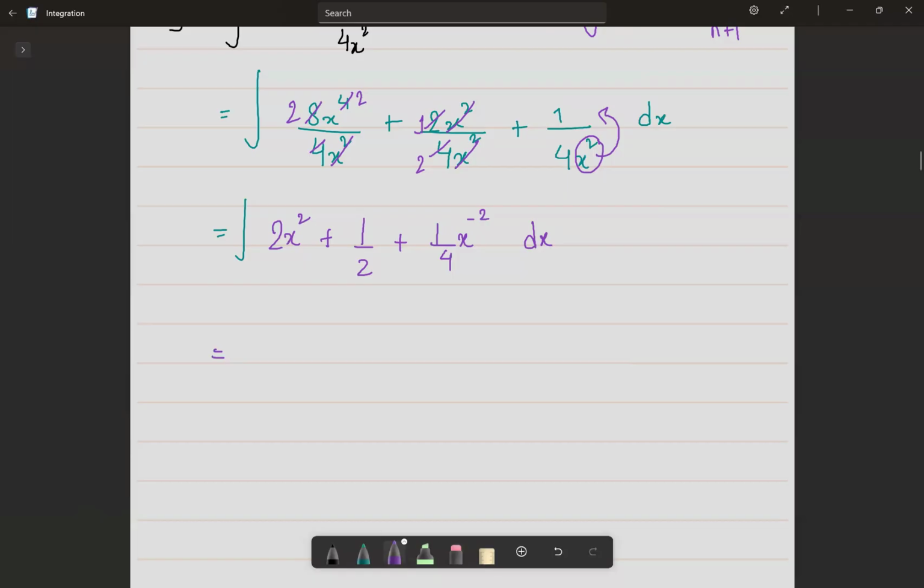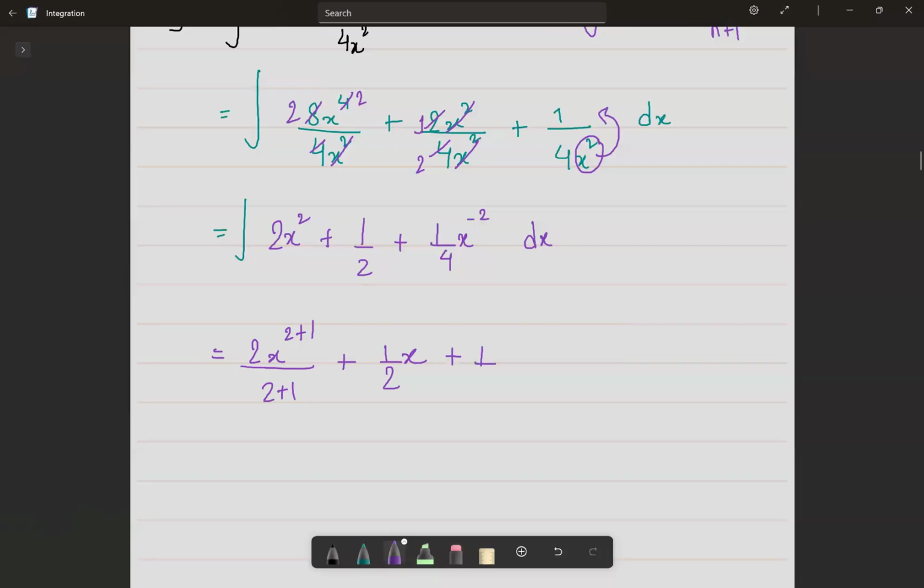So we have 2x to the power. We add 1 to the power and then we divide by the new power. Then if we have a constant, we only write x to it, because if you have nothing in here, it means you have x to the power of 0. We have just seen the formula for a constant: you just multiply with x.